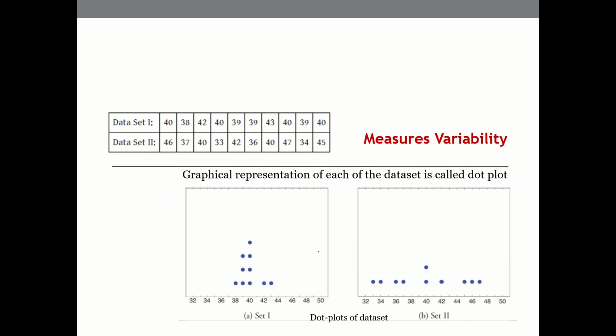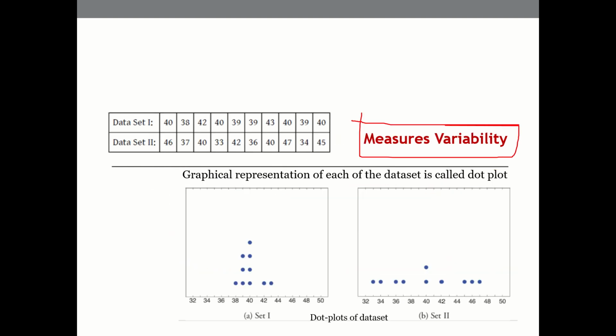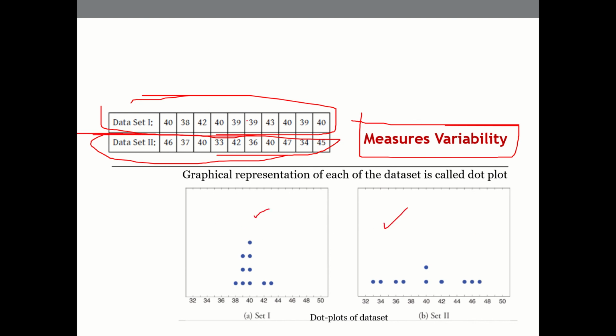These are understood from the spread of the data set, or the correct term is measure of central tendency. Suppose you are given one data set like this and another like this. Without this graphic, we may not be able to interpret this as it is.